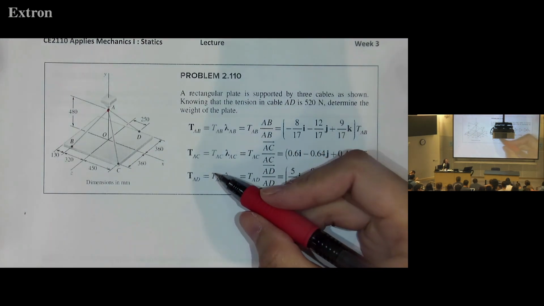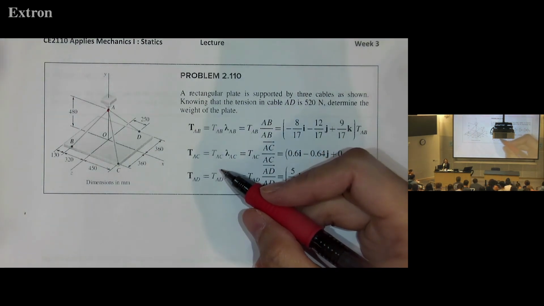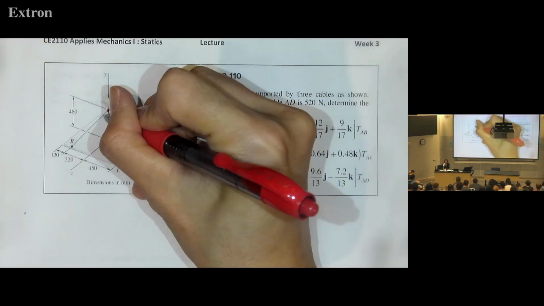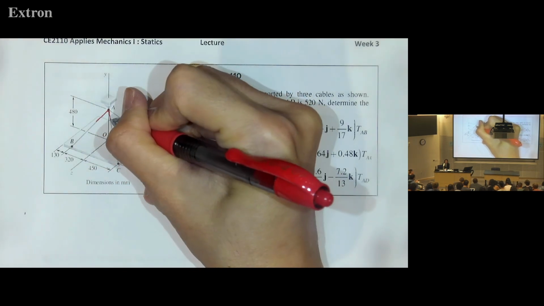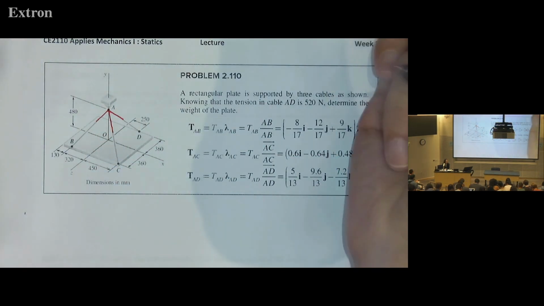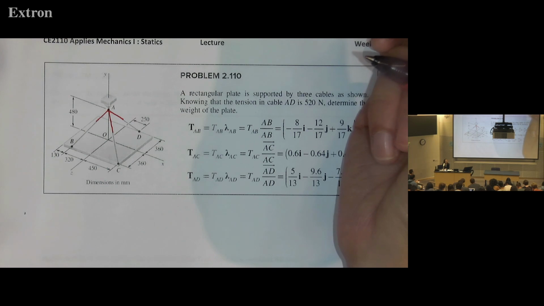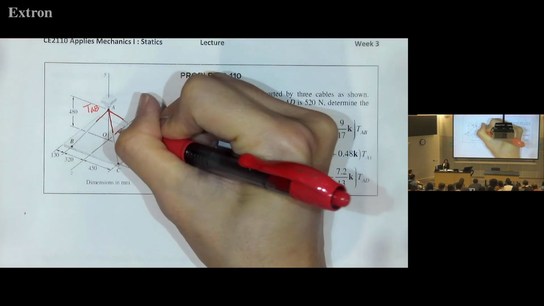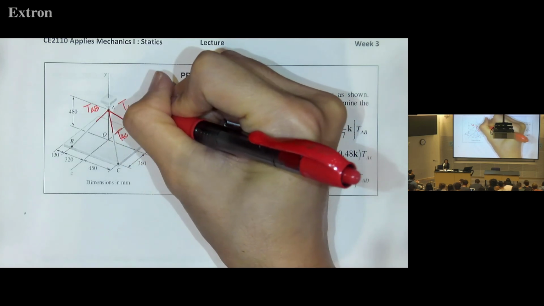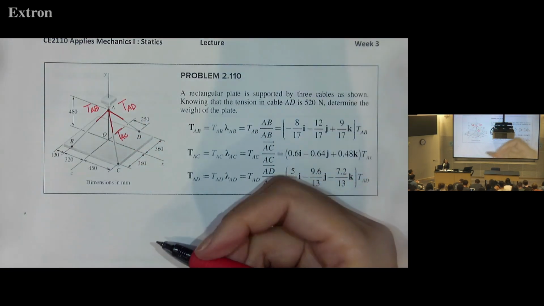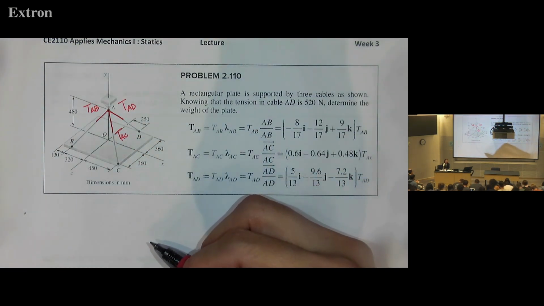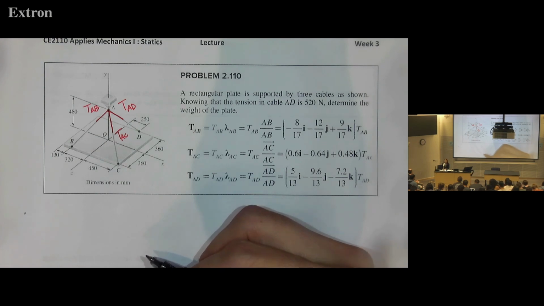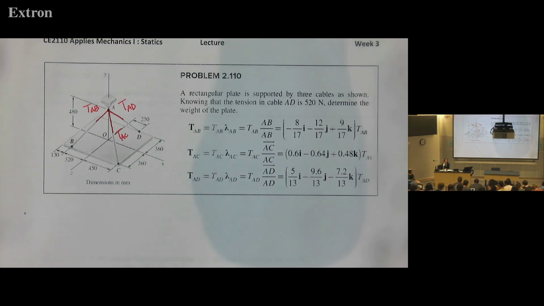Now let's indicate the 3 cable tensions, along these cables, so I'll add something like this, and indicate AB, AC, and AD. The cable tension should be away from the node, so the direction of these forces should be downward pulling.